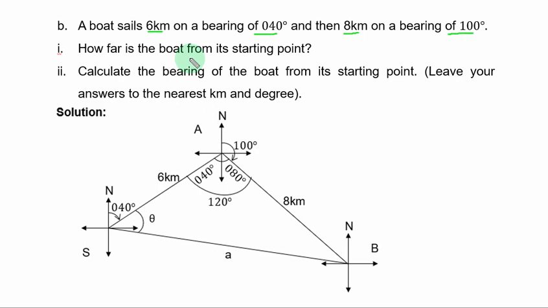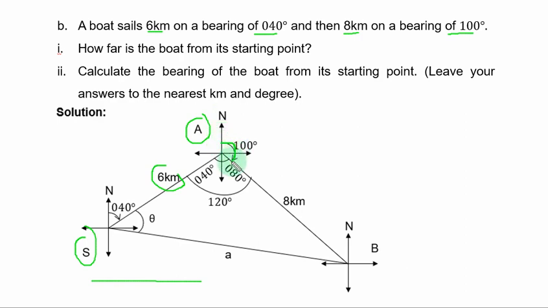Solution. This diagram illustrates the information. This is the starting point. The boat sails 6 kilometers on a bearing of 040 degrees to this point, that is point A. When the boat gets to point A, it moves again on a bearing of 100 degrees from the north.